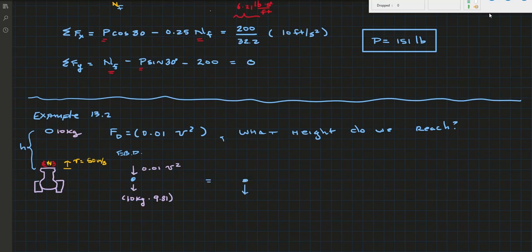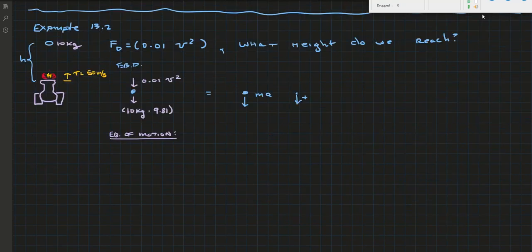Our kinetics here then, I'm going to draw as mass times acceleration down. So that's going to make down positive here in our problem. And we can choose this any way we want, so long as we're consistent in our equation of motion. That means first off, we have the drag on the left side.